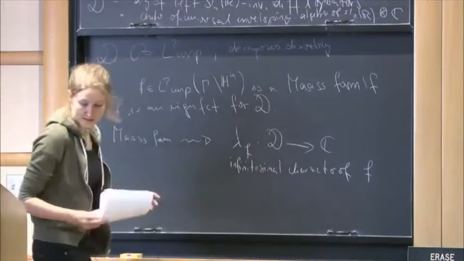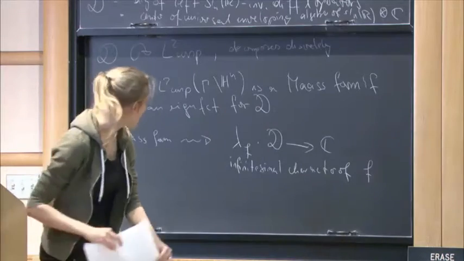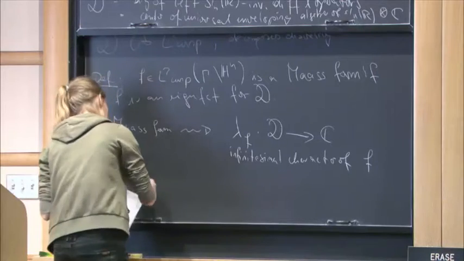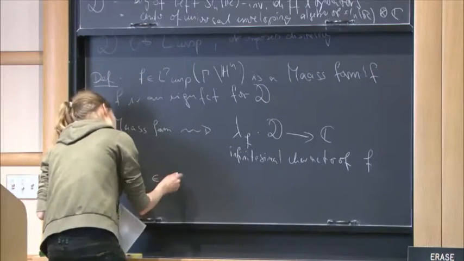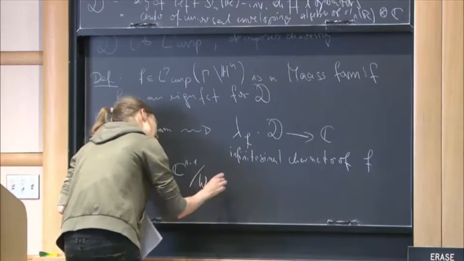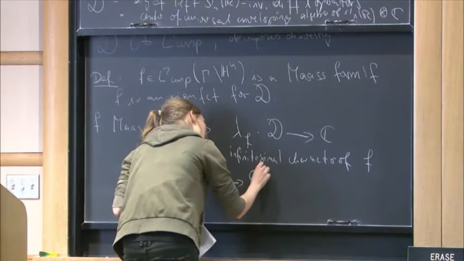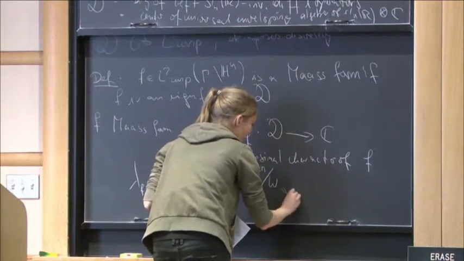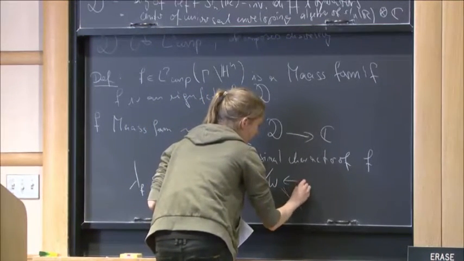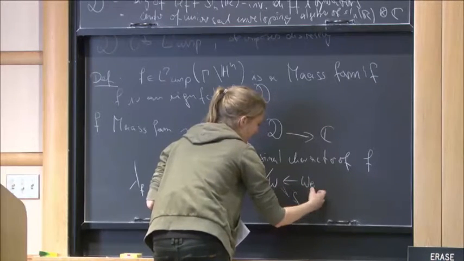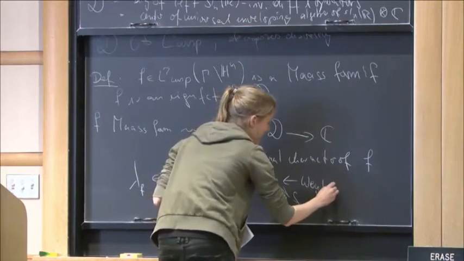And we view lambda_f actually as an element in C^n modulo the Weyl group for SL_n. So I write W for the Weyl group, which is just the symmetric group on n symbols.